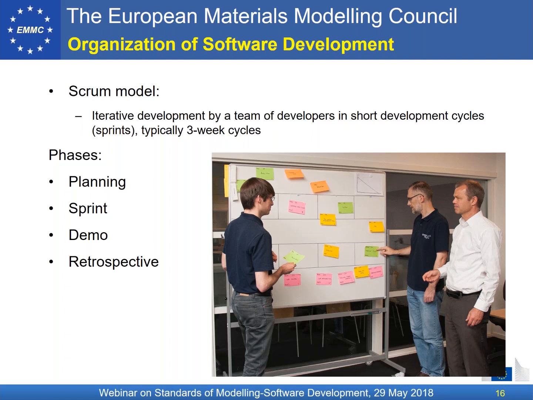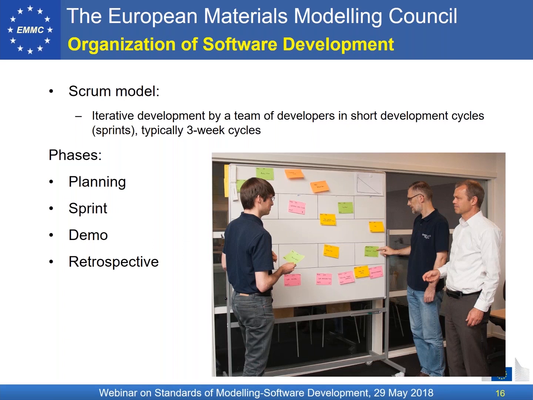After the 3-week sprint, there's a demo where each developer will present for the rest of the organization what has been developed during these 3 weeks. In QuantumWise, it's done through a small 1 to 2 minute video of the new feature, and then the sprint ends with a retrospective where the developers discuss how the work was performed and if some parts of the work process can be optimized.